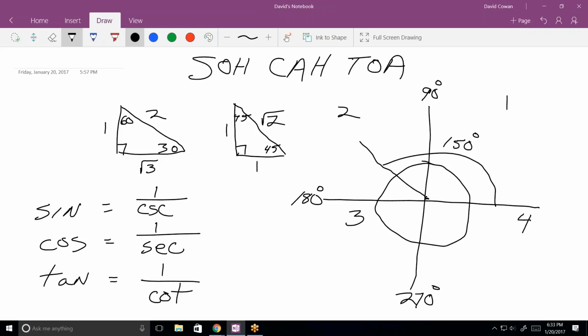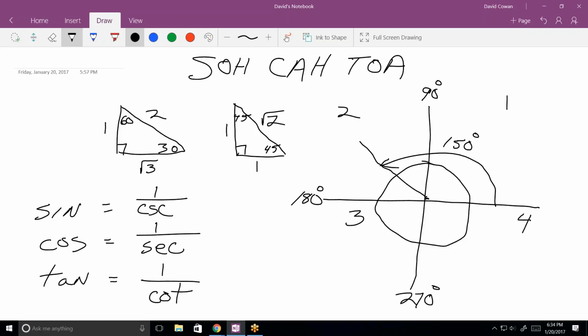The secret to taking trig functions of angles greater than 90 is to convert them to their equivalent first quadrant angle. They have a term called reference angles. The reference angle is the acute angle that is made with the x-axis.